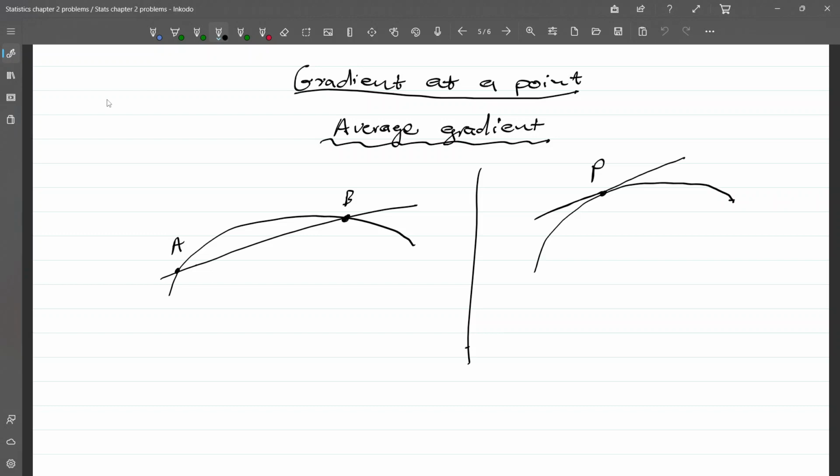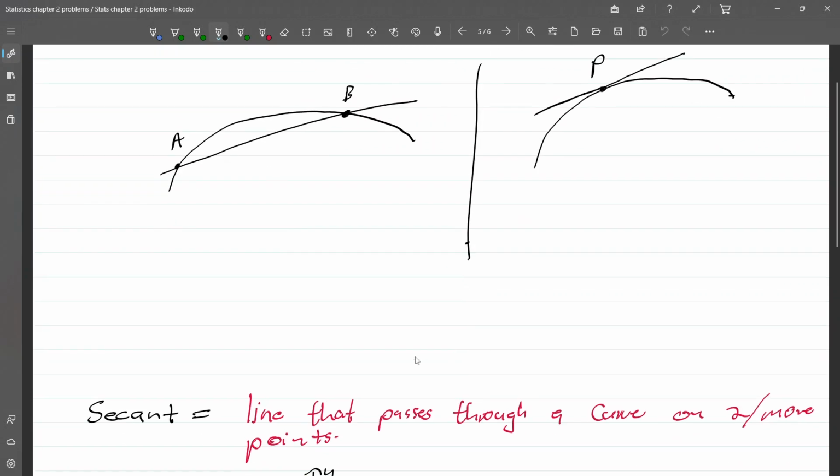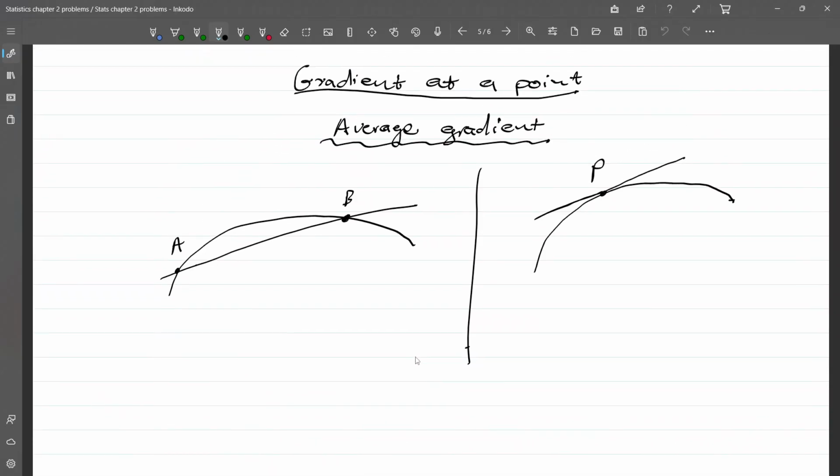We are still under the limit section. In grade 11, we learned that the average gradient between two endpoints on a curve is given by the gradient of a straight line that passes through those 2 points.